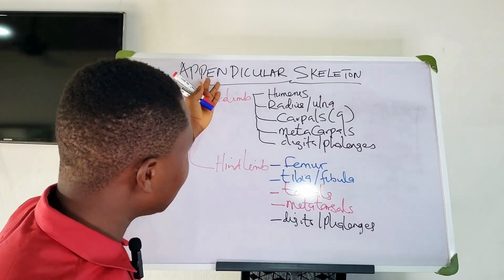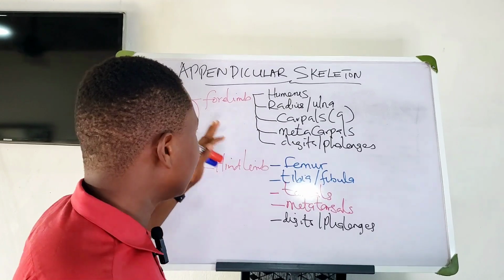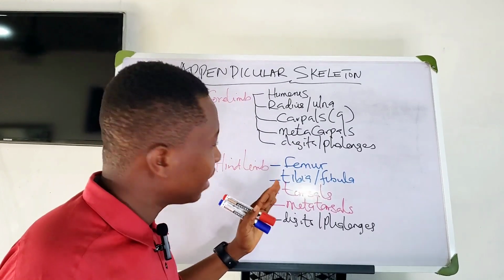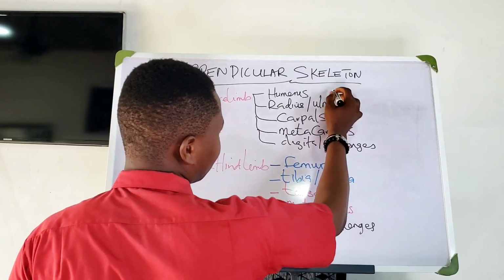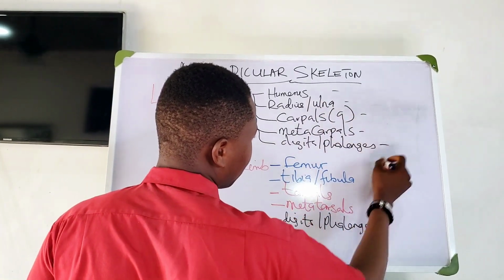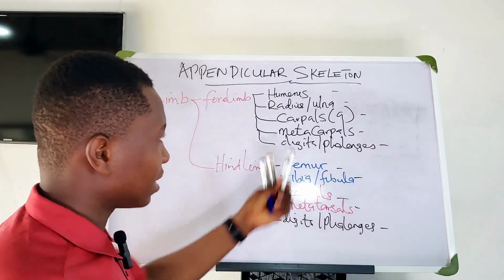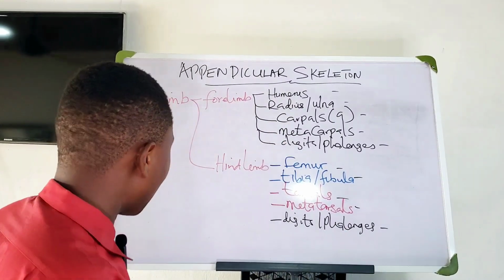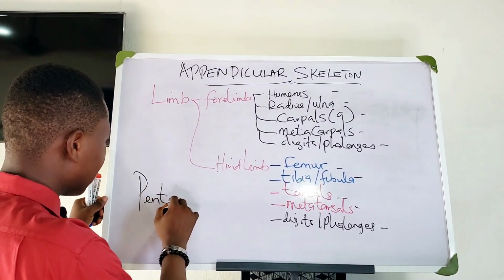So the appendicular skeleton is made up of the girdle and the limb. We've discussed the girdle, and this is the limb. Now, this arrangement, if you notice, is 5 in number: 1, 2, 3, 4, 5. This is what we know as the pentadactyl plan.